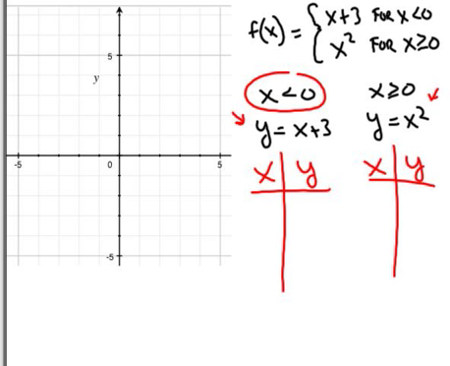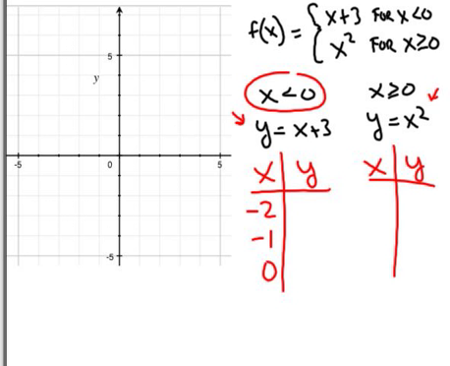We'll do something special at that case, but values like negative 0.00001 are still involved in this function, so I'm going to get as close to it as possible. So if I want x values less than 0, I'm going to plot negative 2, negative 1, and 0. Okay, and then I'll just remember that this 0 value is really important, and I have to do something special at that case.